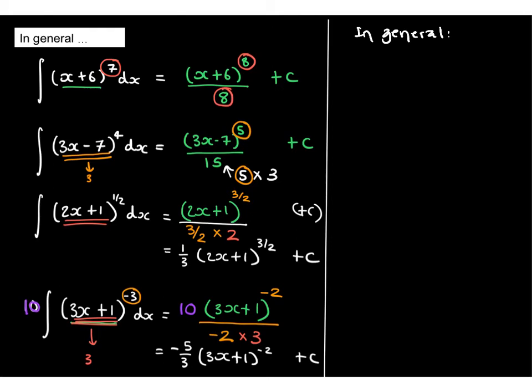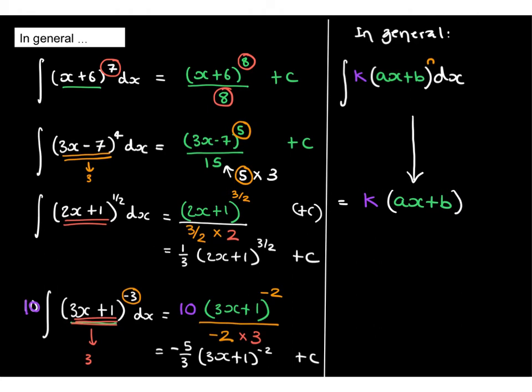So in general, if we have the integral of k(ax + b) to the power of n, being integrated with respect to x, then the answer to this will be k, which is just a multiplicative constant, (ax + b) to the power of n + 1, all divided by n + 1.